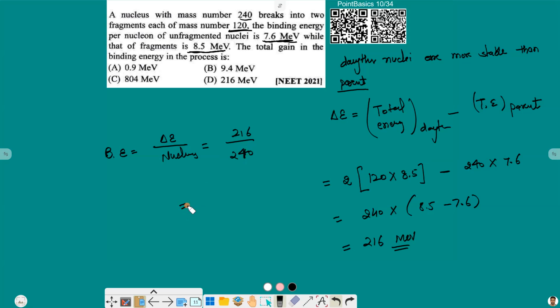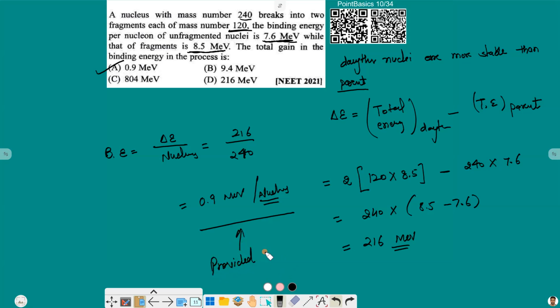So this will give us 0.9 MeV per nucleon. So this is the amount of energy we have gained in the process, and so option A is the right answer. And the energy we gain has to be provided from the outside.